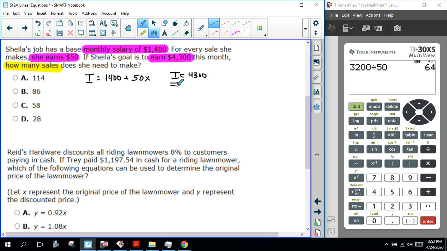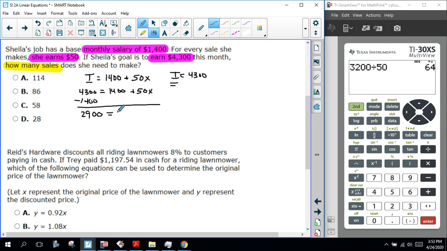Well, since the income goal is 4,300, we're going to plug this in for I, and we're going to solve it for X, which represents the number of sales, which is what the question is asking us to solve for. So we start here, we subtract the 1,400 from each side. And as I subtract 1,400, I'm going to get 2,900.